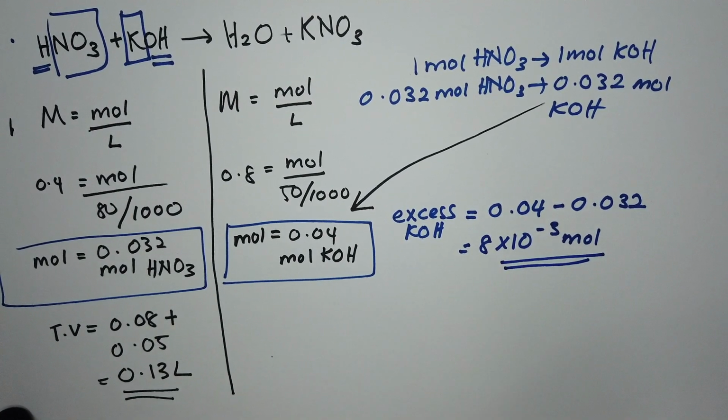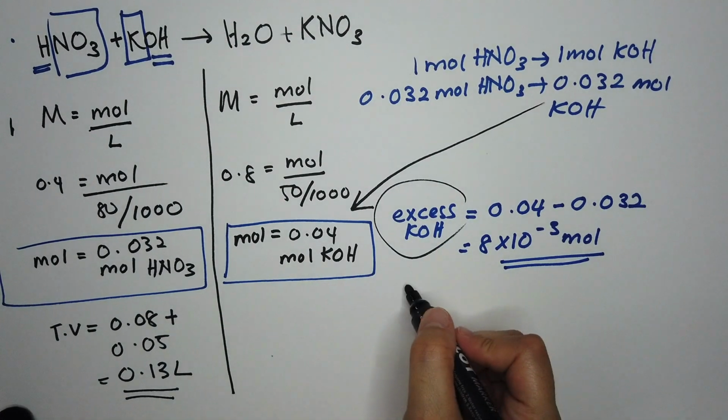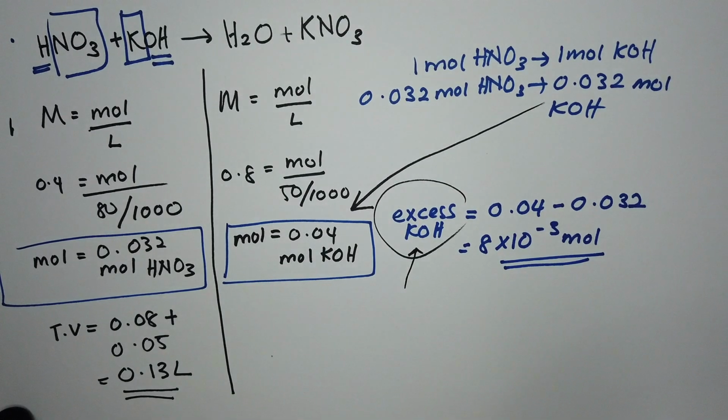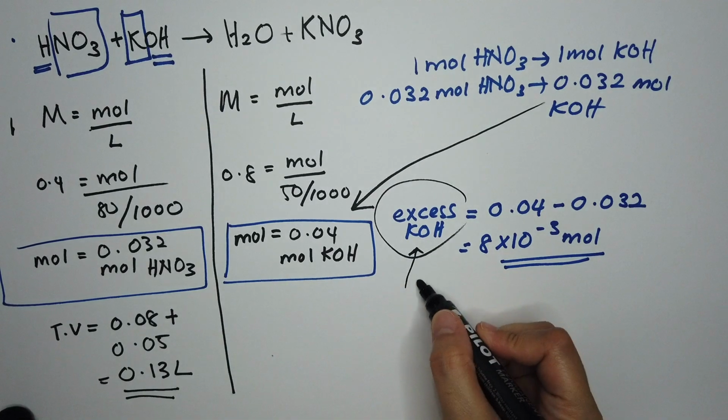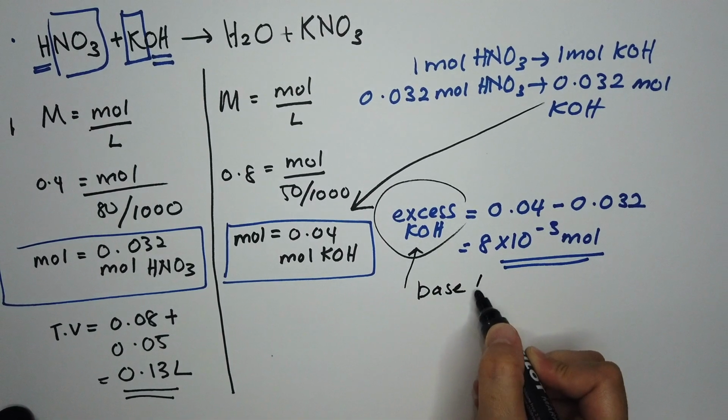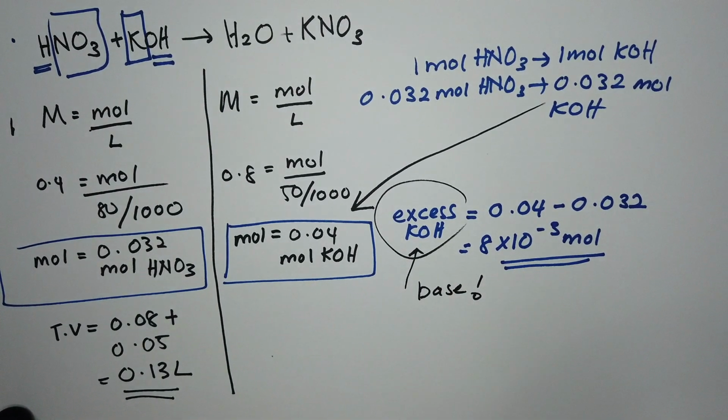So this is the excess. So you should be able to predict already that when the excess is KOH, it means that this one shall be basic, right? So base, it must have a bigger pH.